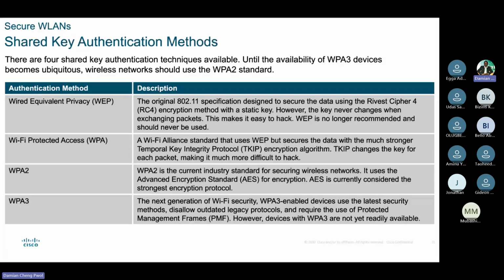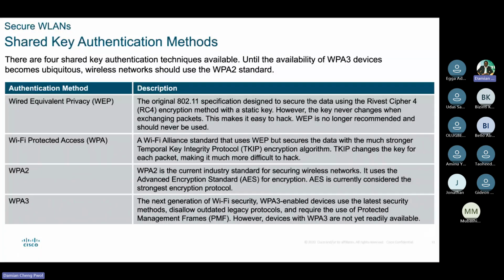The next one, Wi-Fi Protected Access, WPA. A Wi-Fi Alliance standard that uses WEP but secures the data with a much stronger Temporal Key Integrity Protocol, TKIP, encryption algorithm. TKIP changes the key for each packet, making it much more difficult. So for every packet that flows within that network, a new key is given.